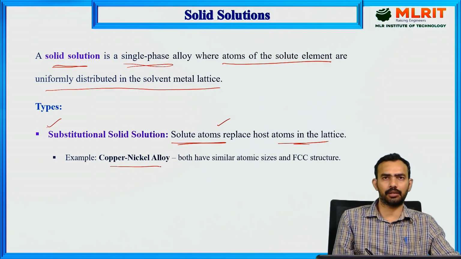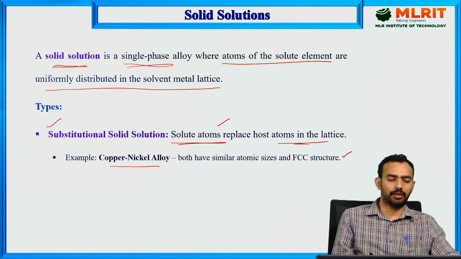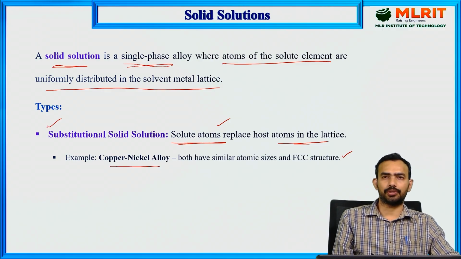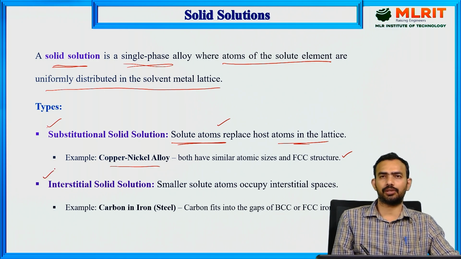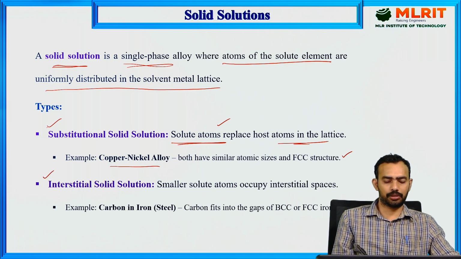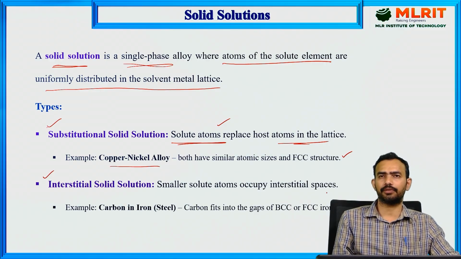Both have similar atomic sizes and the same crystal structure, FCC, which forms substitutional solid solutions. Similarly, we have another solid solution, the interstitial solid solution. If you recall the interstitial defect, what happens? The smaller solute atoms occupy the interstitial sites of the solvent.